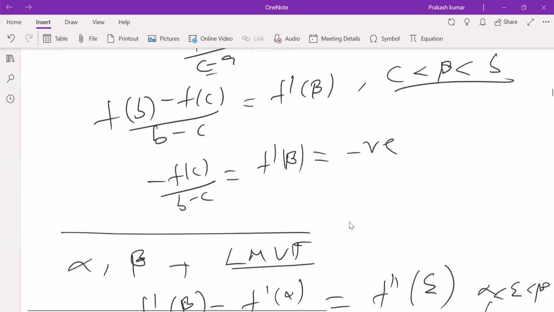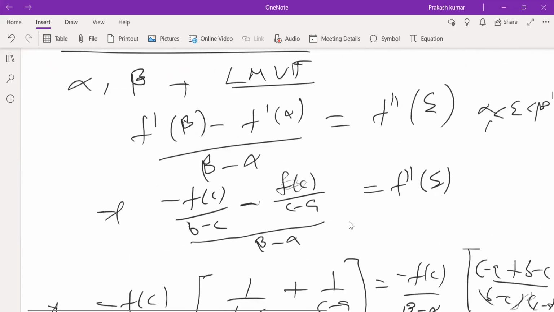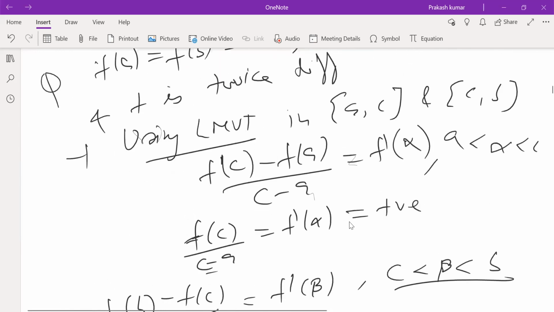Writing this is important because in the end we have taken beta minus alpha as positive, right? So that is only possible by this. We can see that alpha is less than c and beta is greater than c. So it means that beta minus alpha will be greater than 0. Only then we can conclude that.